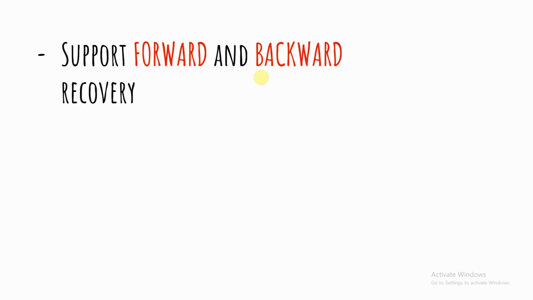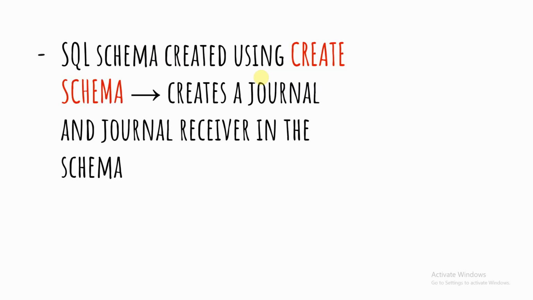You will use those journal receivers to remove those changes from the current file and restore it to the previous state using the journal receiver objects. So this is called forward and backward recovery. You can support forward and backward recovery only when your files are journaled.